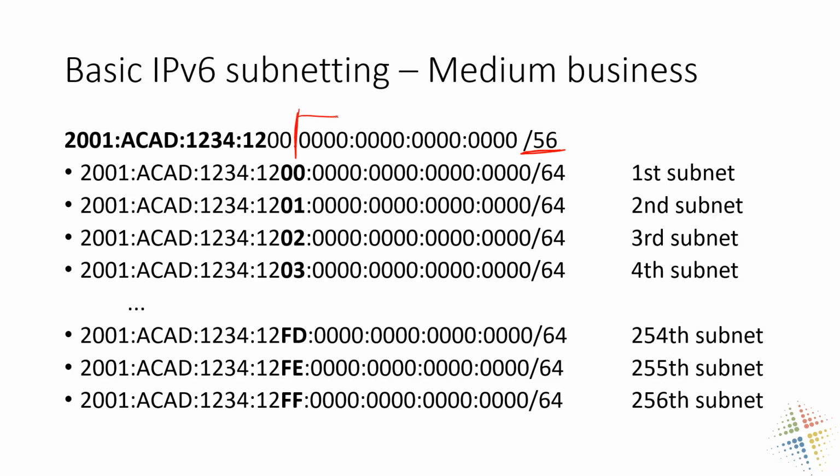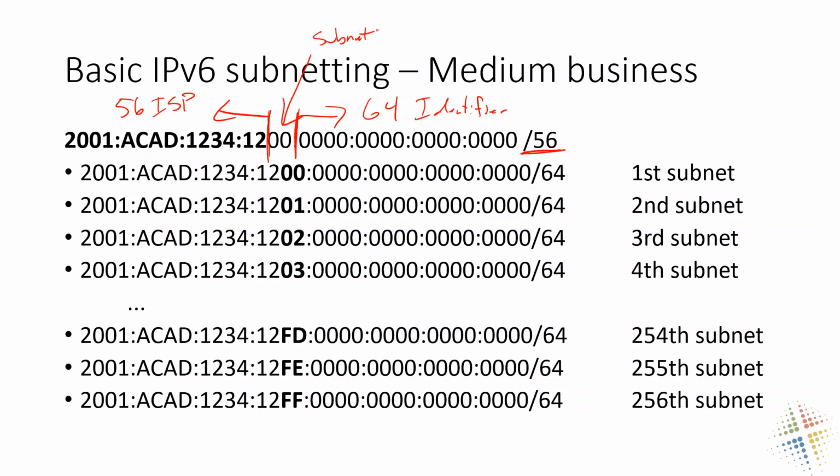Well, right here, I've got my 64 identifier bits, or host ID bits. Right here, I have 56 bits from my ISP, which now means I have 8 bits or 2 nibbles in order to subnet.